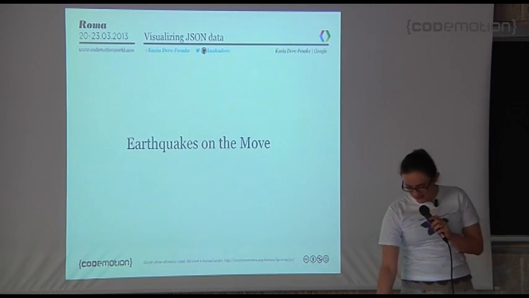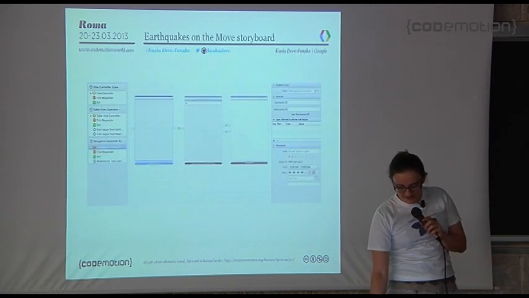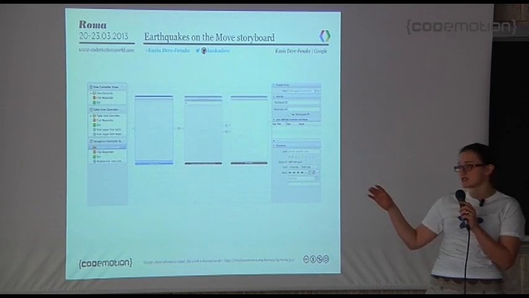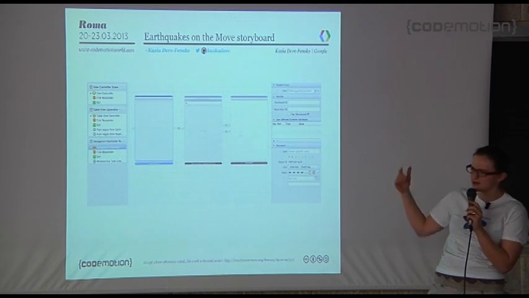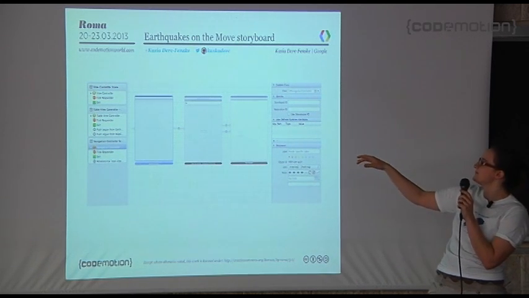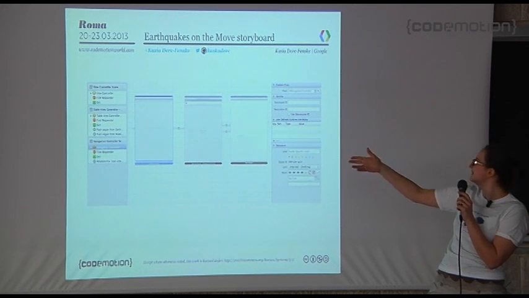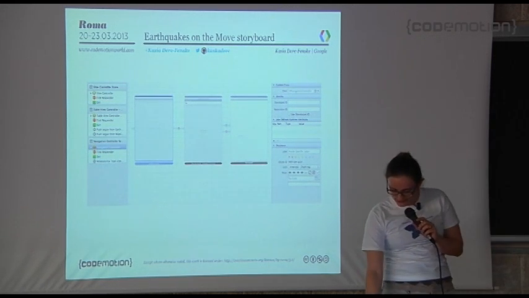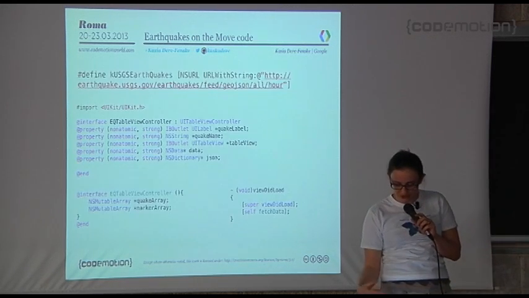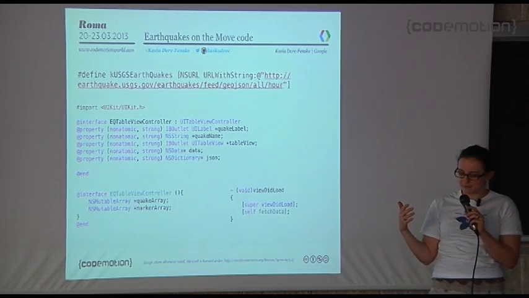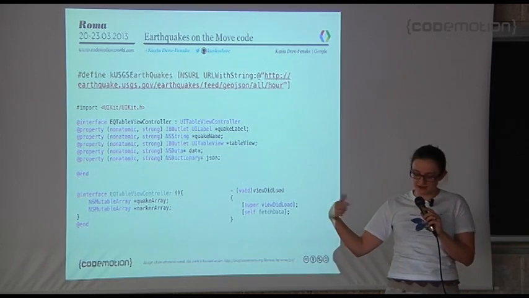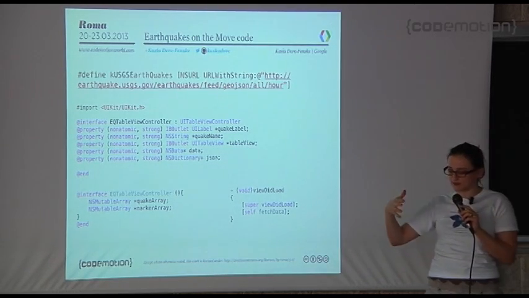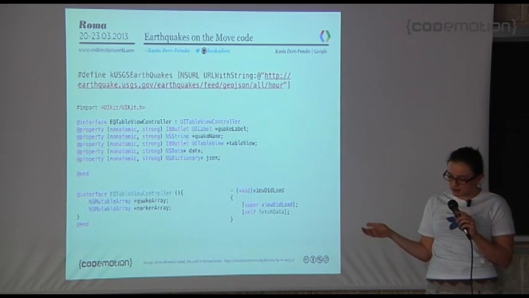Another really interesting app on iOS that we have is Earthquakes on the Move. And it shows the earthquakes. So it uses a publicly available feed that shows you the earthquakes that are happening in the current hour.